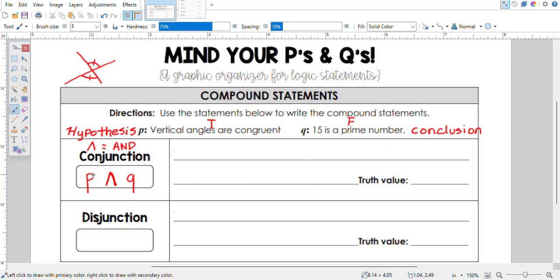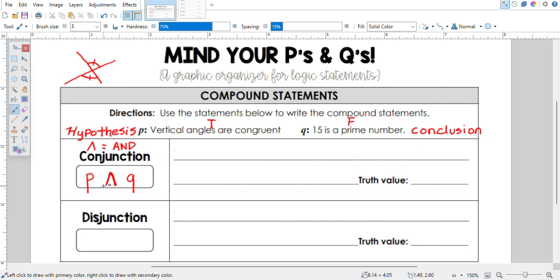What that means is whenever I discuss my hypothesis P and my conclusion Q, in order for this to be true, both P and Q have to be true. Both of these have to be true in a conjunction statement.